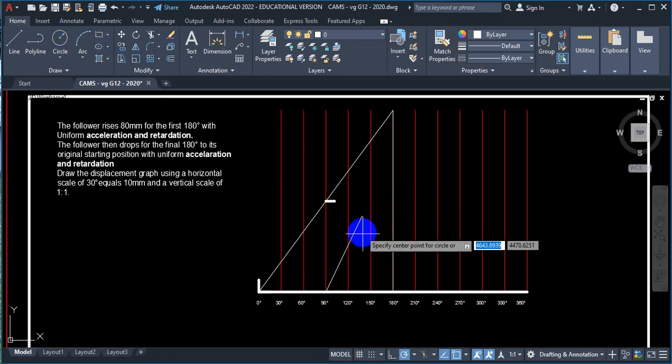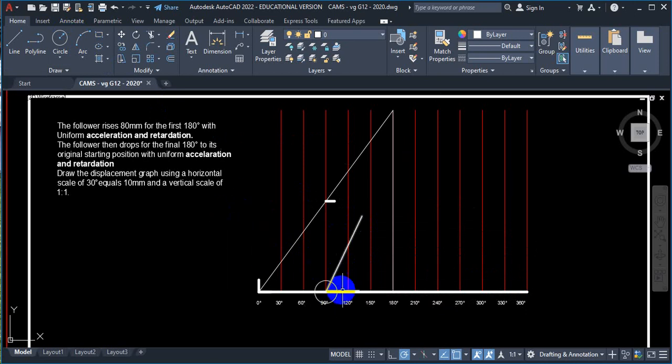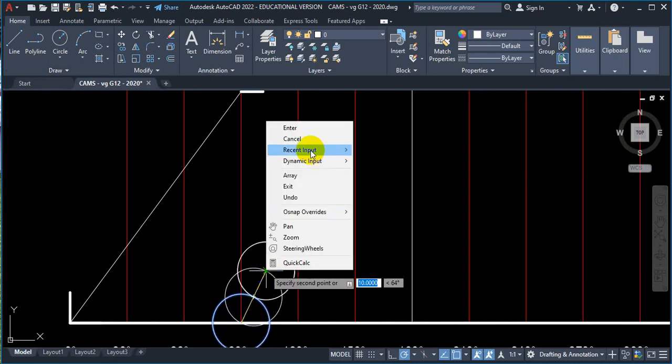I prefer to use 5 millimeters. So I'm going to use my compass to scribe an arc on this line. So this is 1. This is 2. And that is 3.